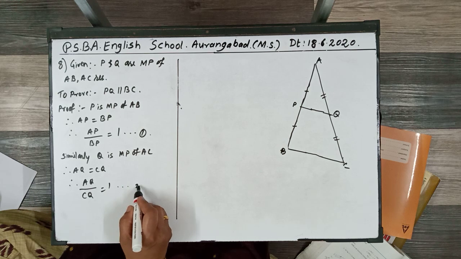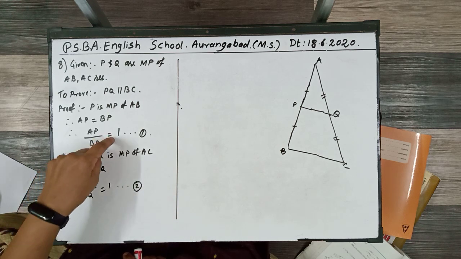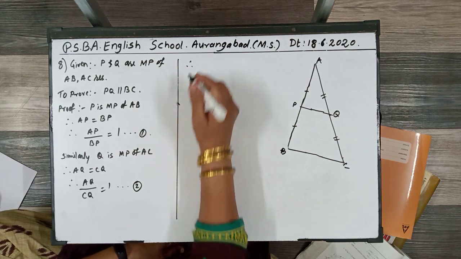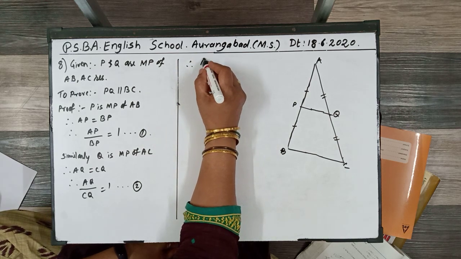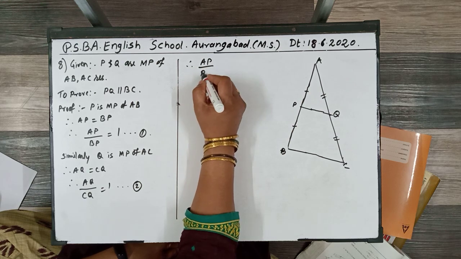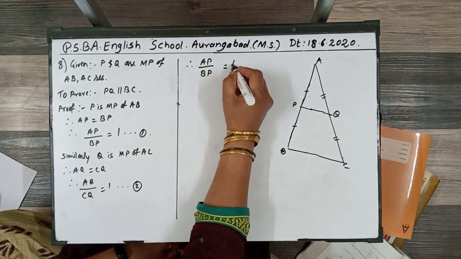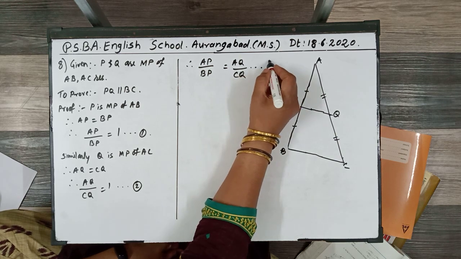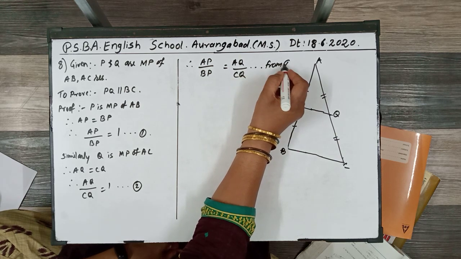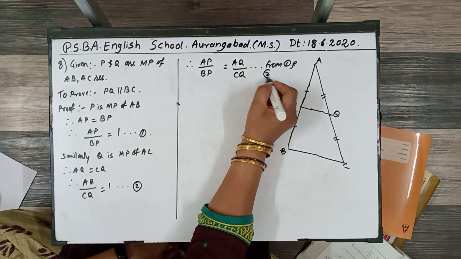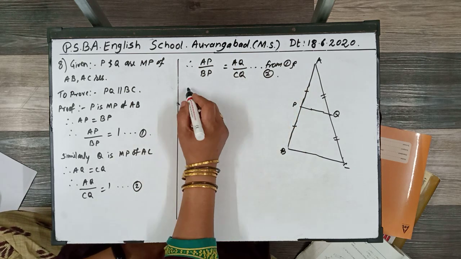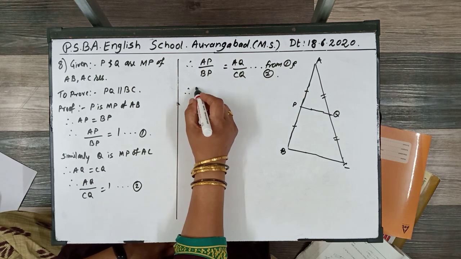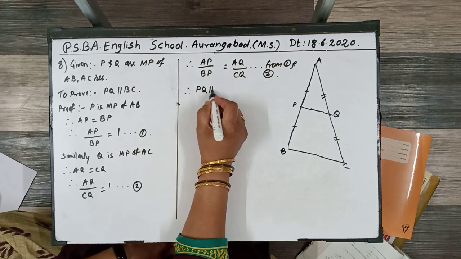Statement number 2. Now if you see, the right hand side is the same, so the left hand side has to be the same. Therefore AP upon BP is equal to AQ upon CQ. Reason will be from 1 and 2. Correct? Therefore, now we have the ratios equal. Therefore, PQ will be parallel to BC.